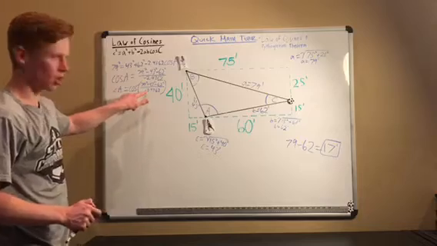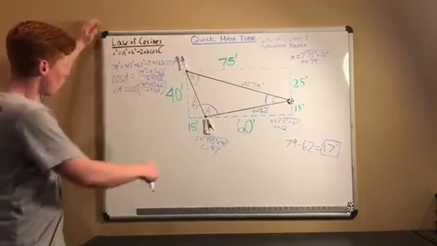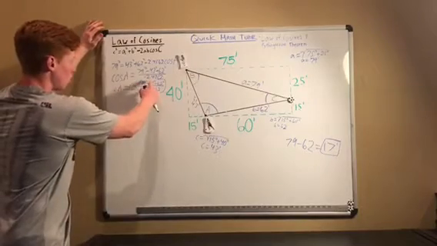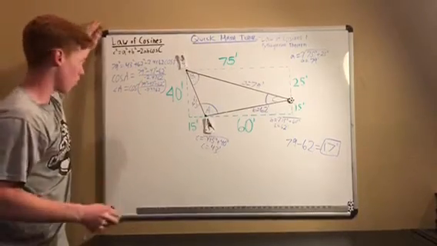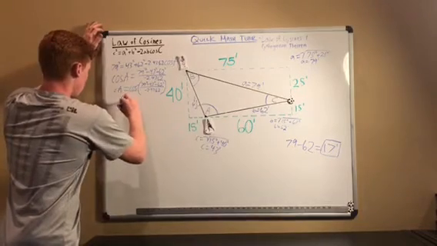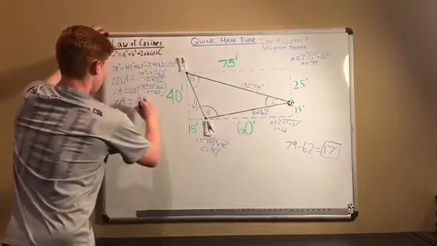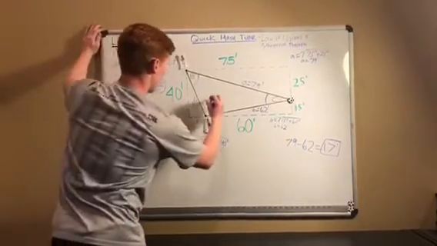And make sure that this is a negative sign instead of a minus sign. You'll get a wrong answer if you don't do that. Also, make sure you have parentheses around each of these squared, or else you'll get a wrong answer also. I've already done this. So angle A comes out to 96 degrees. Go ahead and write that.